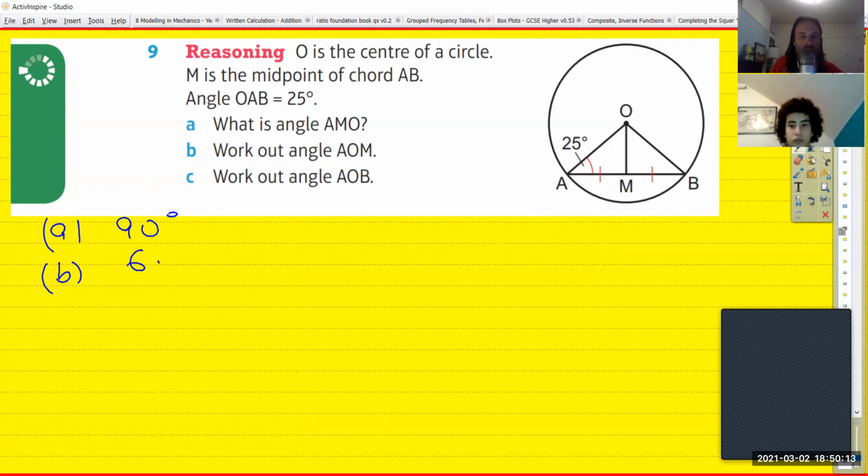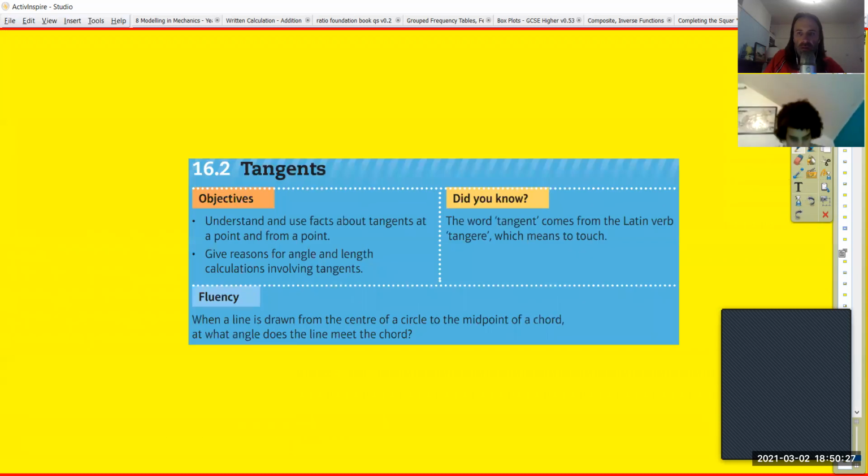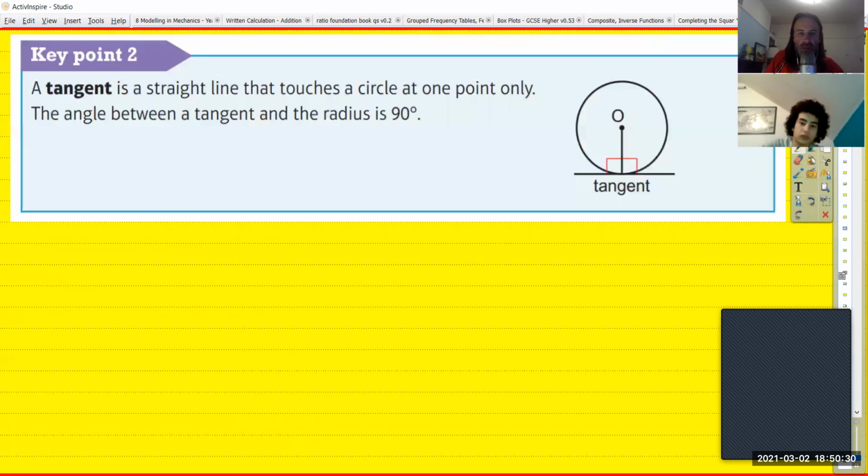Mm-hmm. AOB is 130. Hold on. That's it. That'll be fine. Okay, a tangent meets a radius at 90 degrees.